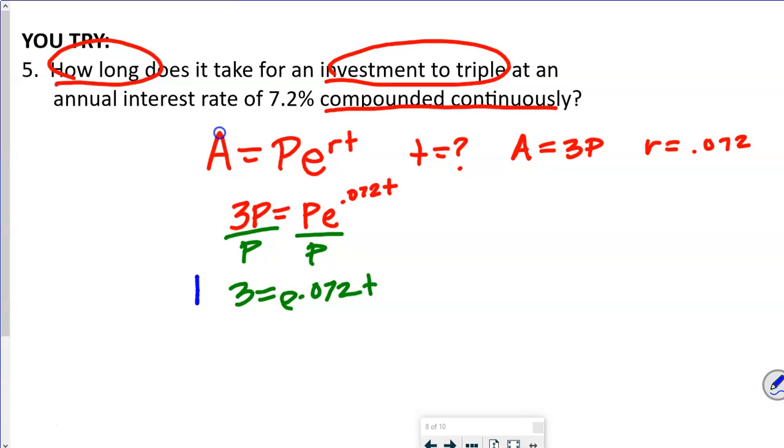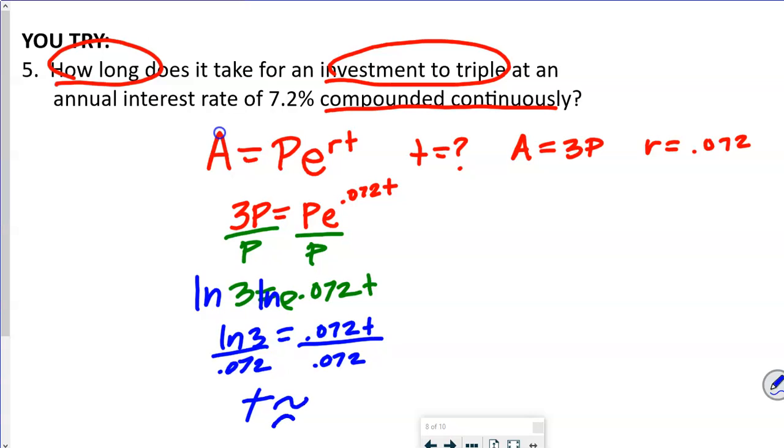We do ln, right? So we're going to do ln of both sides. So that's going to leave us with ln of 3 is equal to 0.072 times t. So once again, we're going to divide both sides by 0.072. And t is going to be approximately 15.26 years.